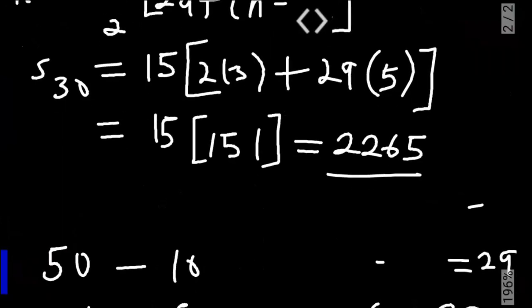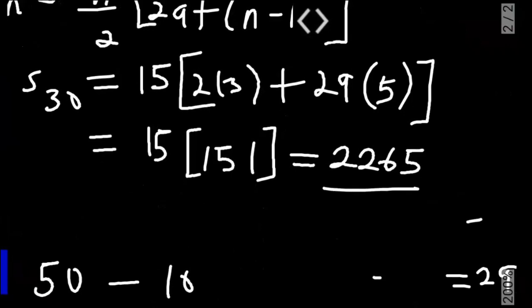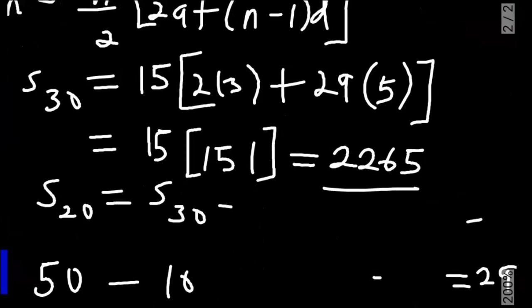Now to get the sum of the next 20 terms, which the question requires from us, we have the sum of the next 20 terms after the first 10 terms equals the sum of the first 30 terms minus the sum of the first 10 terms.